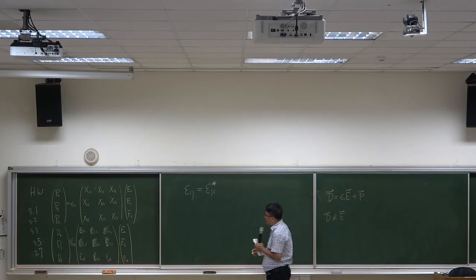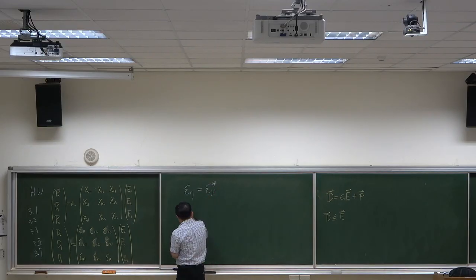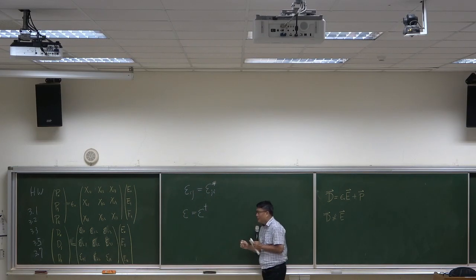Epsilon ij is equal to epsilon ji star. This means that the epsilon matrix is equal to the epsilon matrix dagger.